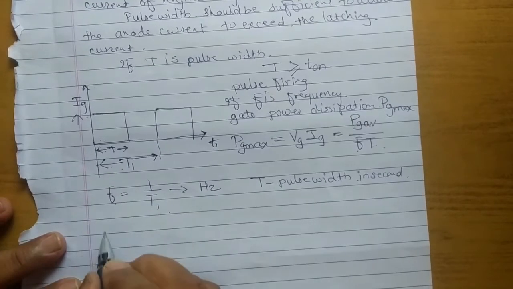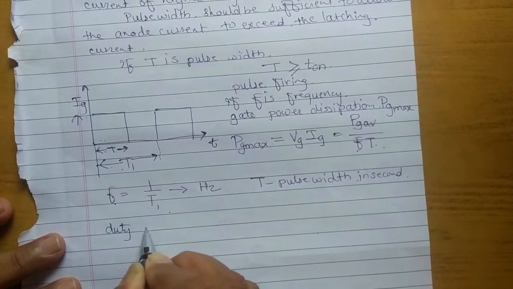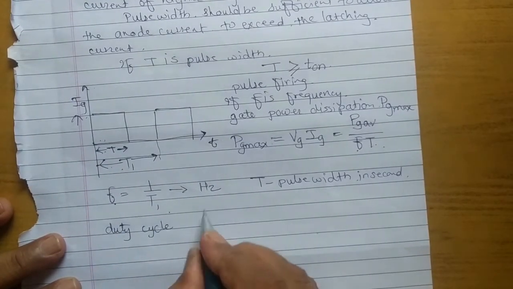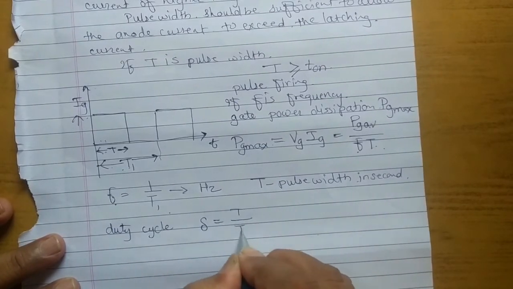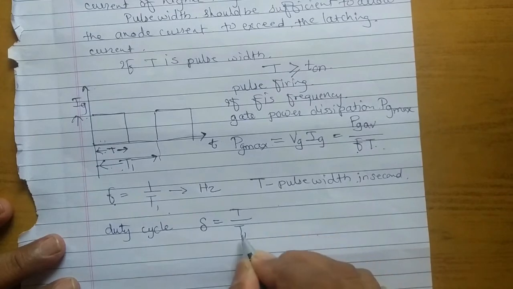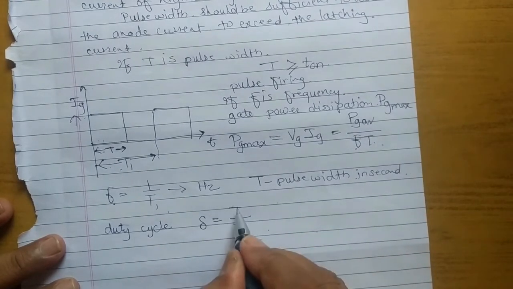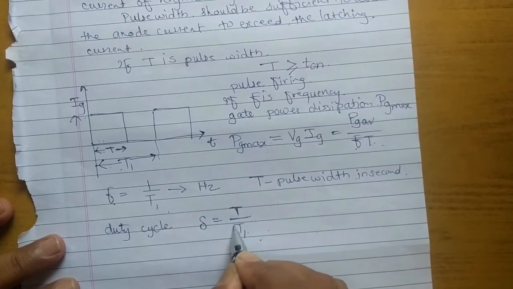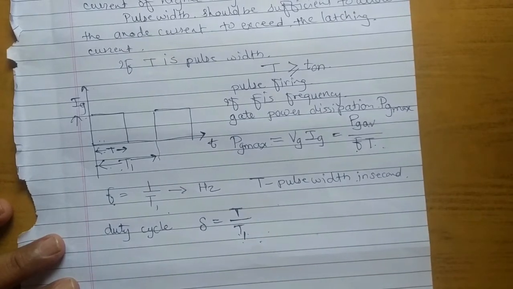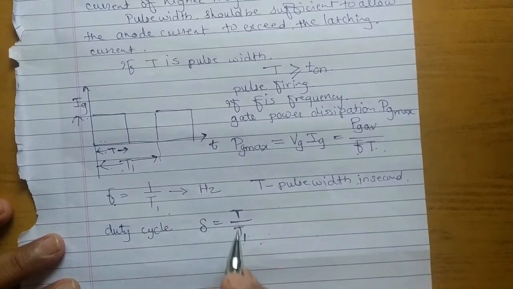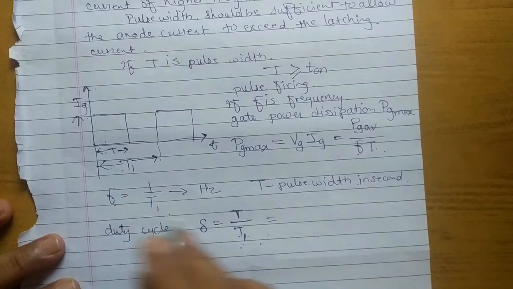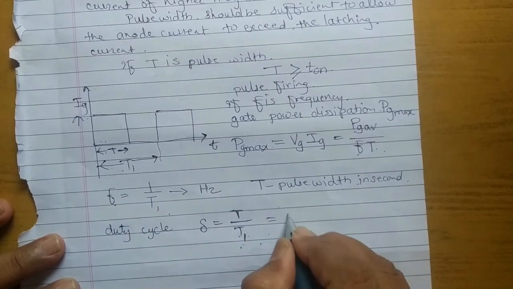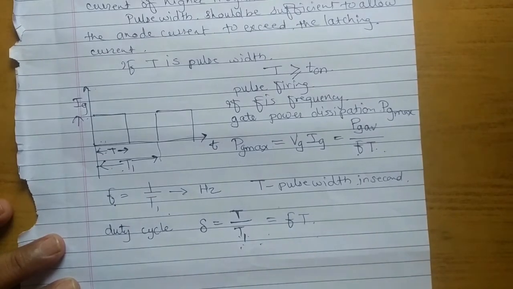The duty cycle of above can be considered as delta is equal to T upon T1. You know that T on upon T on plus T off. So this T upon T1 is your duty cycle. This T upon T1 is nothing but 1 upon T1 is nothing but F, right? So F into T.